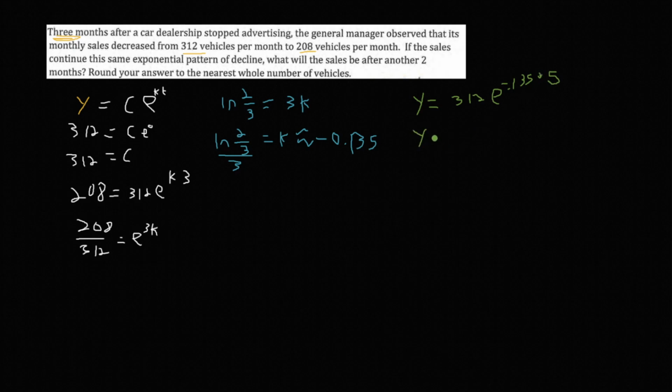So now y is about 158.7, but you can't have half of a car, so y is 159. 159 vehicles will be sold.